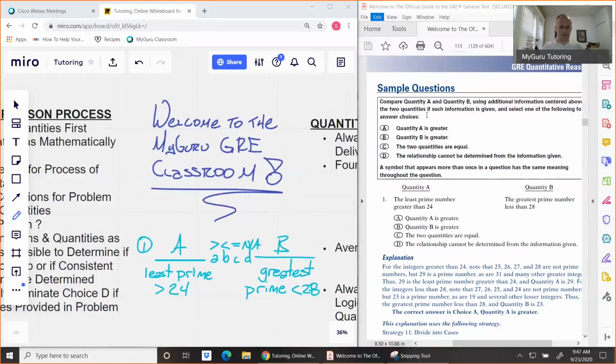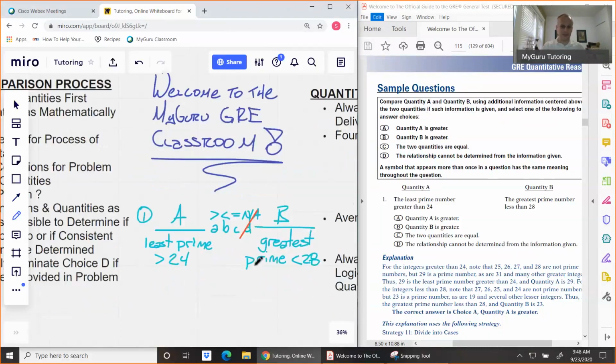I mean, there's definitely one least prime number greater than 24 and one greatest prime number less than 28. So because of that, we can eliminate D immediately, even if we don't know what prime number means. If it's just something that's been forgotten over time, you can immediately go, well, there is a least prime number greater than 24, and there is just one greatest prime number less than 28. So it can't be D. So that's what we're going to do to start here.